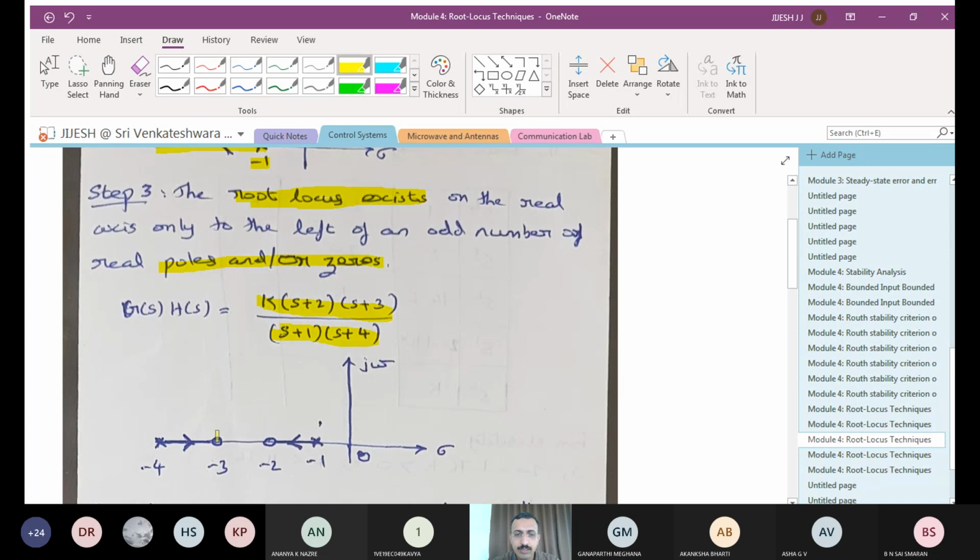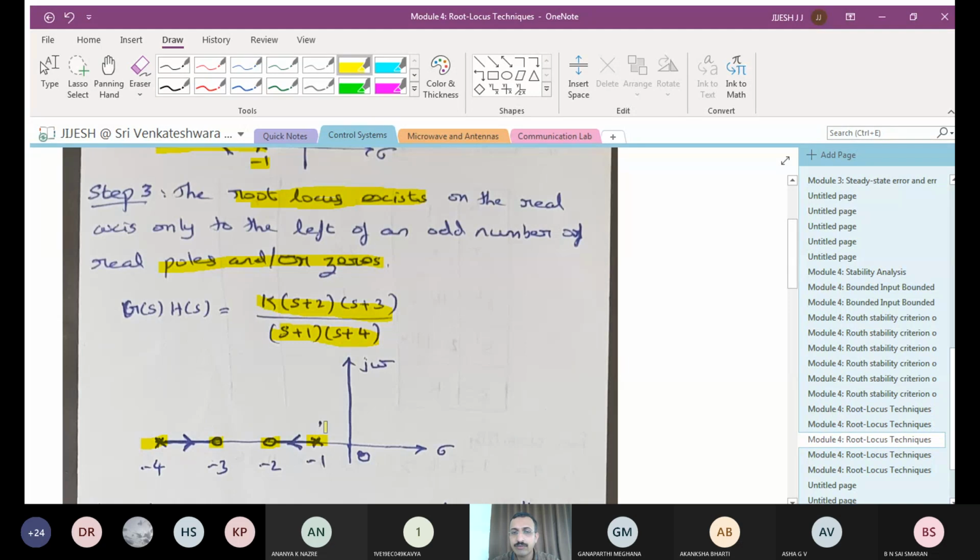I have plotted both the zeros here, and when I plot the poles, I get s equal to -1 and s equal to -4. I am going to plot both the poles as well. So we got the poles as well as zeros.